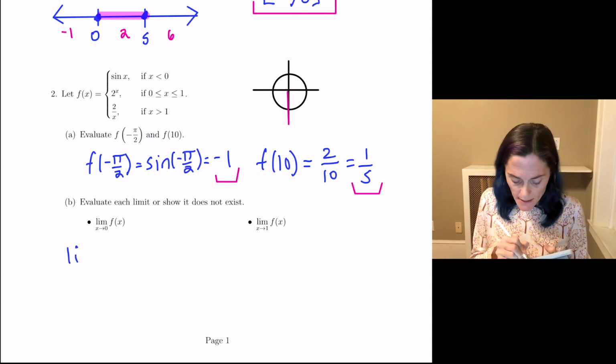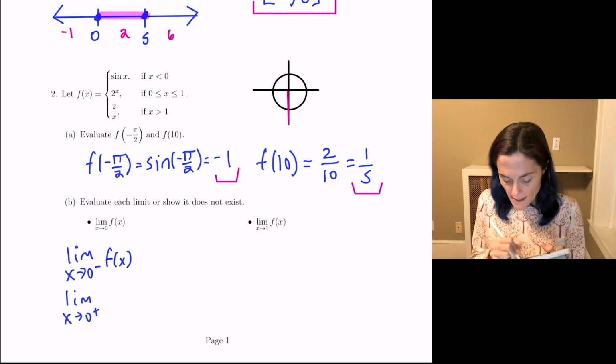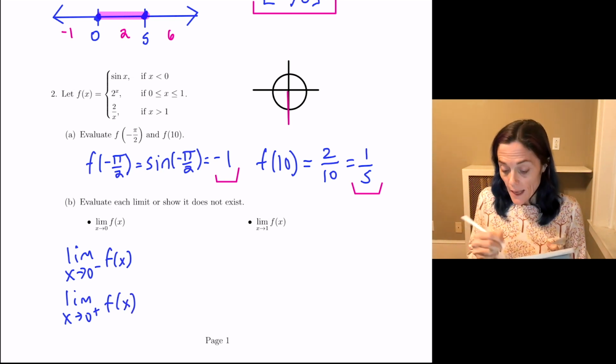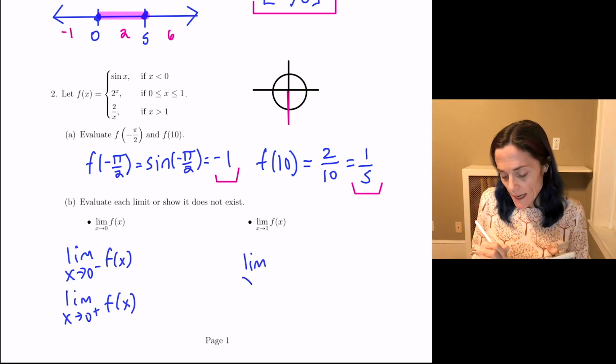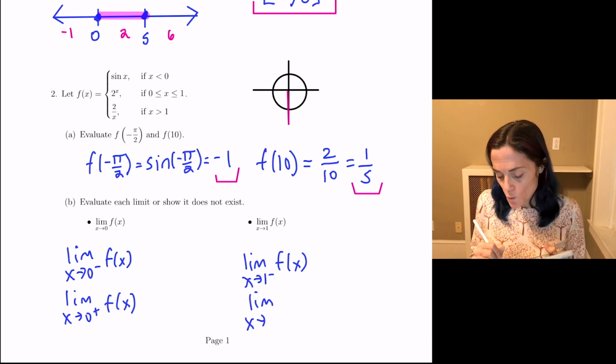Let's take a limit as x approaches 0 on the left, f of x, and a limit as x approaches 0 on the right, f of x. And similarly, we will take a limit as x approaches 1 on the left, and a limit as x approaches 1 on the right.